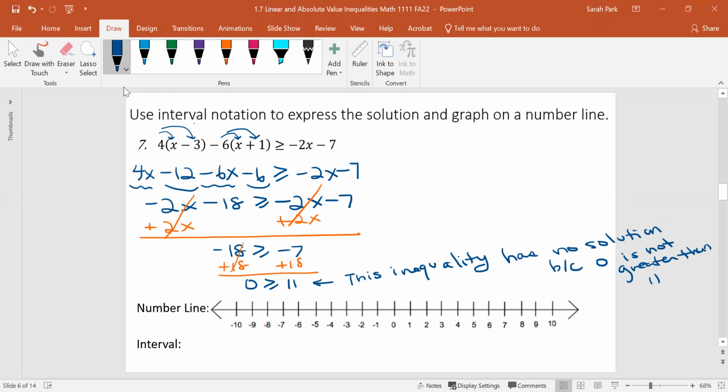And in interval notation, there's also no solution. So we write a 0 with a slash, which means no solution. It's an empty set. So sometimes your inequalities might be empty. What does that mean? It means I can't find any number that will make the left-hand side greater than or equal to the right-hand side.